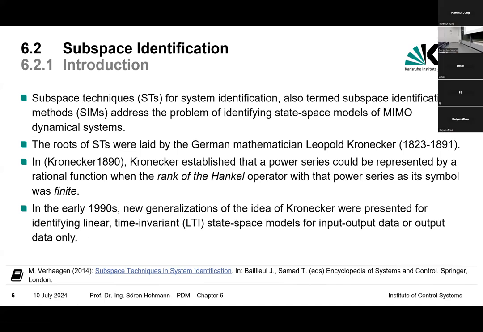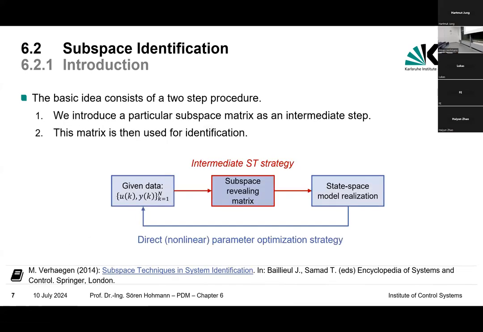And what are the main ingredients? So more or less, it's a method which is used today in practice. Okay. Well, first of all, and this is my main message, if you compare the IV method, so instrumental variable method, or even the least squares method for system identification for linear time invariant discrete time systems of chapter 5, it was more or less a one-step procedure, right?